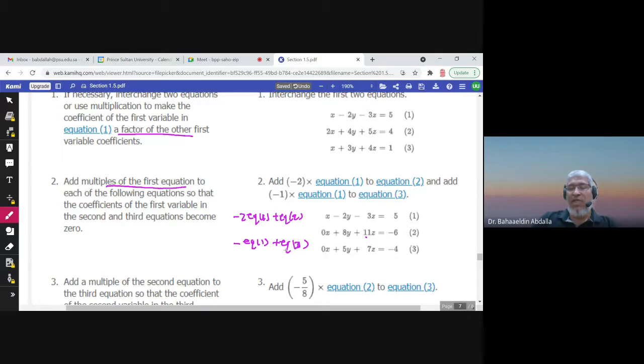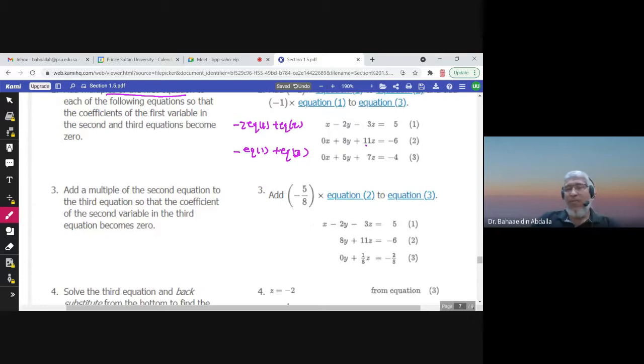And by this transformation, the coefficient of x would be also 0 in the third equation, and the coefficients of y, z, and the number will be changed according to this transformation. Now I have the coefficient of x as 1 and here no x's. So I have this system.